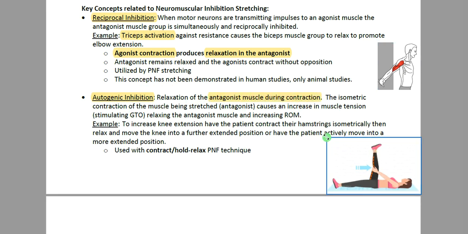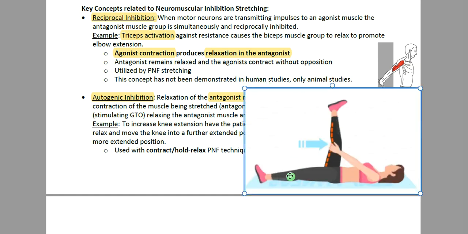So I'll give you an example that we commonly do with the hamstring stretch. So if you were to stretch the patient's right hamstring, you can see her knee is not quite fully extended, but her hip is flexed.